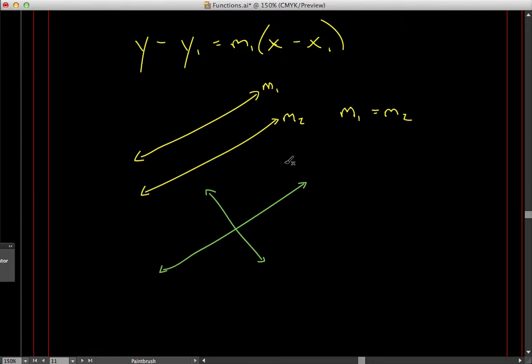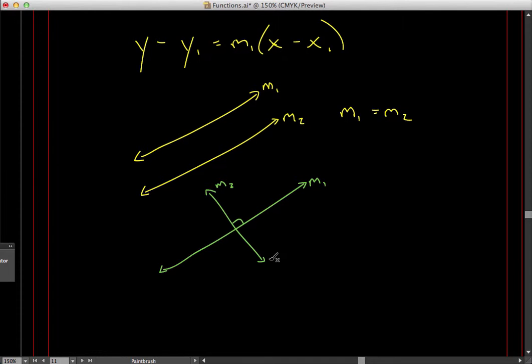Okay, so this still has a slope of m sub 1, and then this has some slope m sub 3. Okay, so this is actually creating a right angle here, and there is a property for solving for the slope of a perpendicular line to a given line.